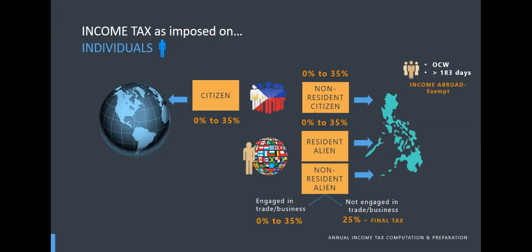Since they have no presence here in the Philippines, or they are not registered here, those who are paying for their services must withhold a 25% final tax on the income that they earned.